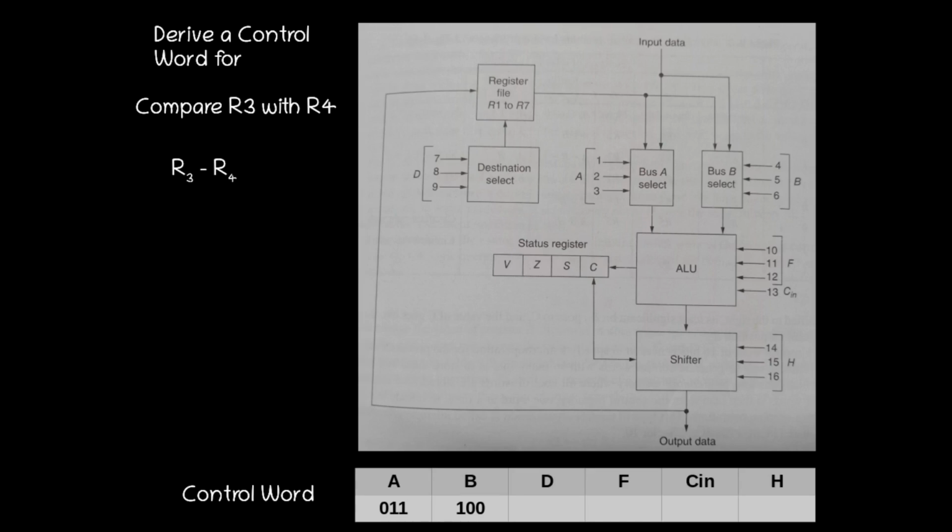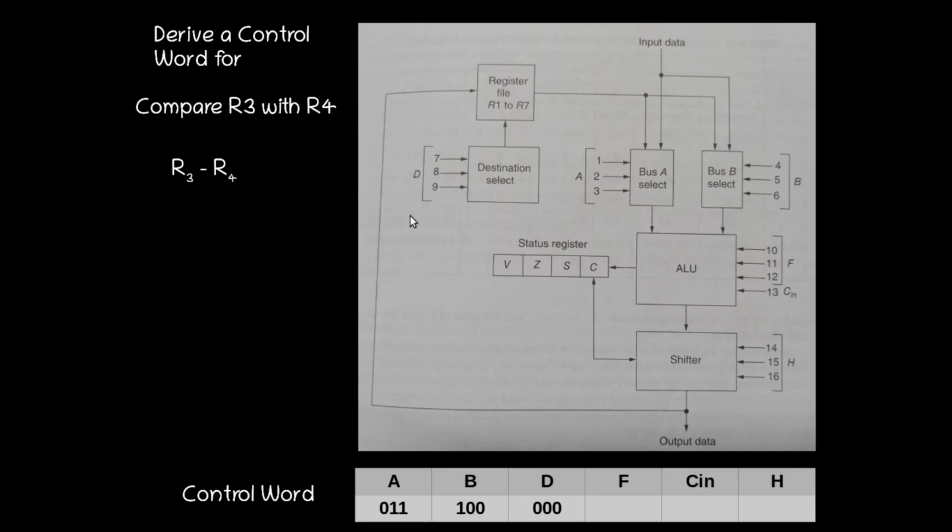The destination has no significance. So 000 means no register will be selected, because for R1 we have to give 001 and for R7 we have to give 111. If it is 000, the result is not stored into any of the registers.